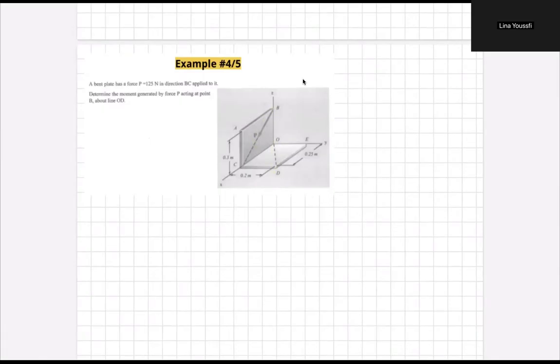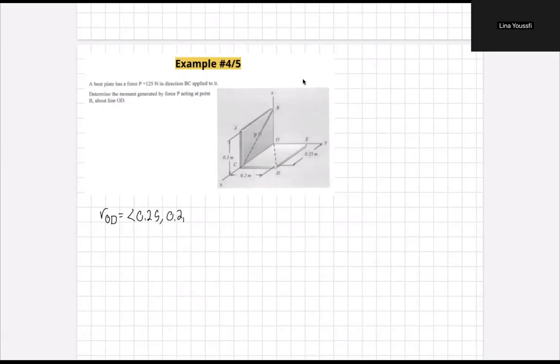So let's start out with the line OD. First, we're going to write it in just its standard vector form in Cartesian format, which gives us our OD. And in the X, we have 0.25 meters. In the Y, we have 0.2.